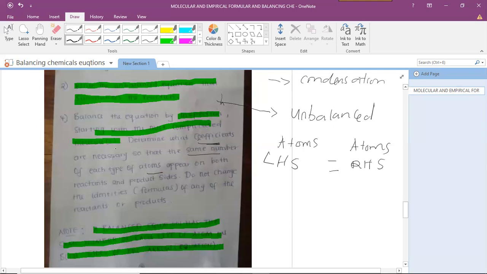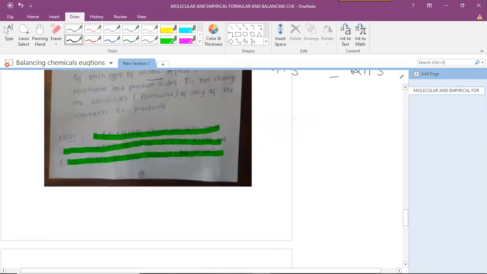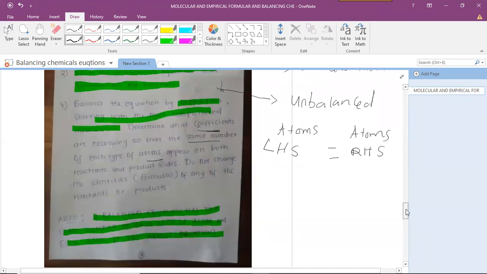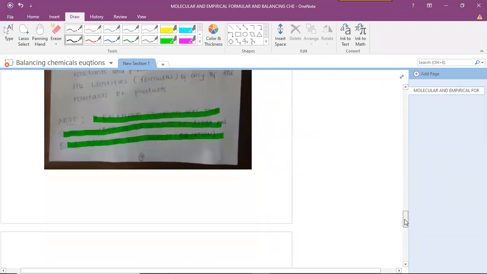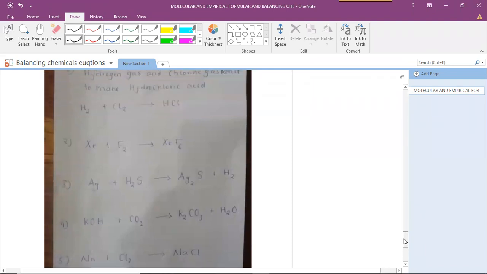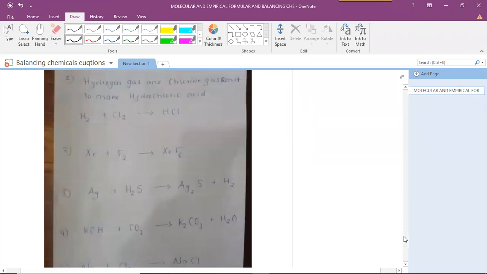So the atoms on the left-hand side will have to be equal to the atoms on the right-hand side. And here is a big thing. A balanced equation has the same number of each type of atom on both sides. So it's practically saying this: your atoms on the left-hand side have to be equal to your atoms on the right-hand side. So let's try to apply these steps from these 5 examples.